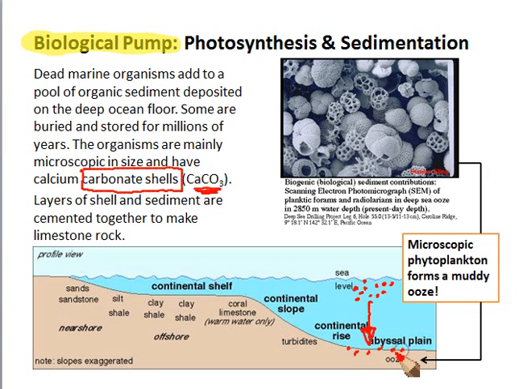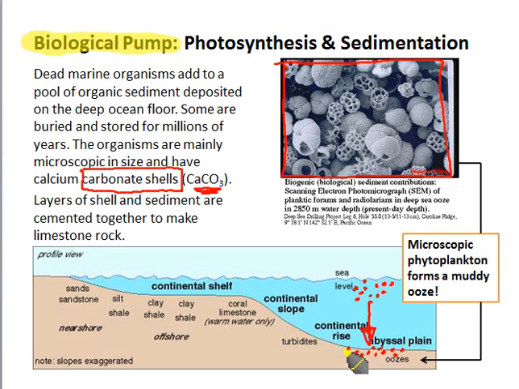And again, over millions of years, we will get these interesting deposits, sometimes referred to as oozes, these biogenic deposits. And here you can see the intricate calcium carbonate shells that these organisms have formed.